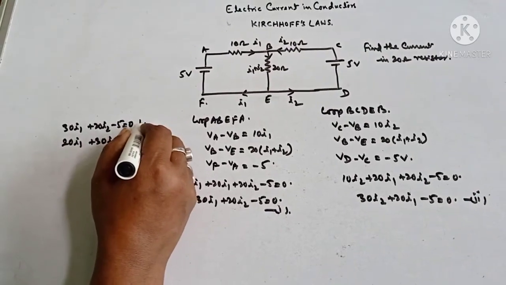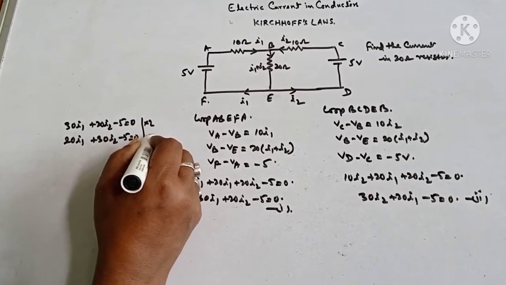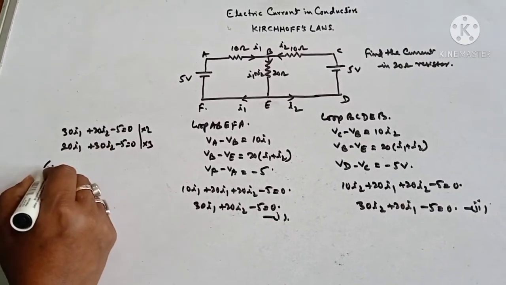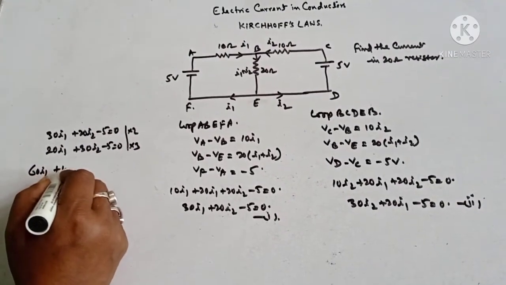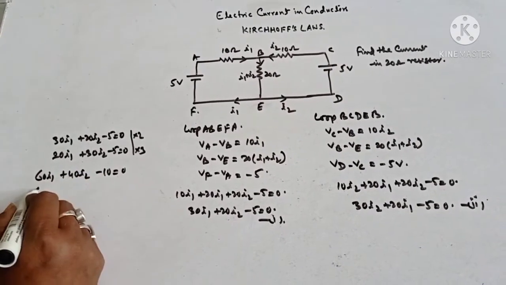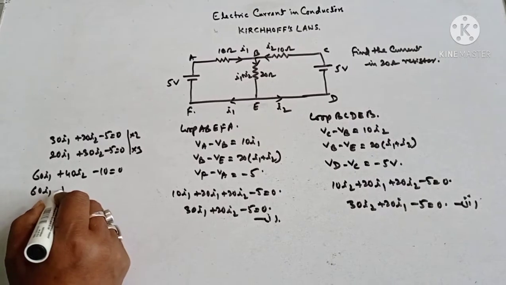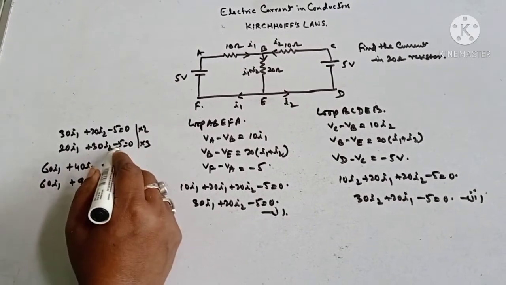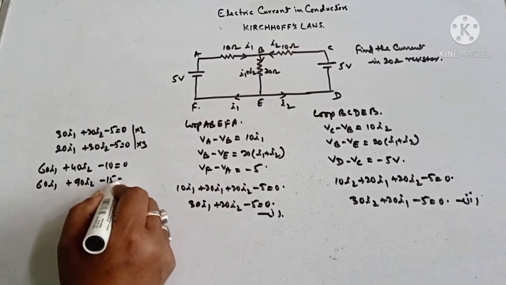Multiplying the first by 2 and the second by 3, this comes out to be 60I1 plus 40I2 minus 10 equal to 0, and 60I1 plus 90I2 minus 15 equal to 0.